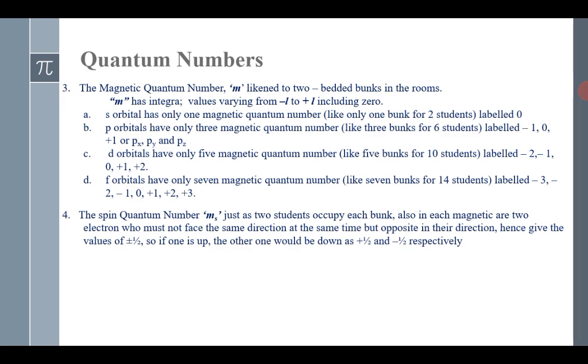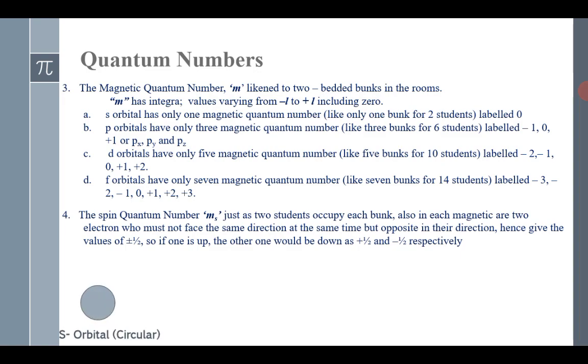Hence, it gives the value of plus and minus half. So if one is facing up, the other one will be coming down. And so you have plus half and then minus half respectively. And that's how the four quantum numbers can be explained.